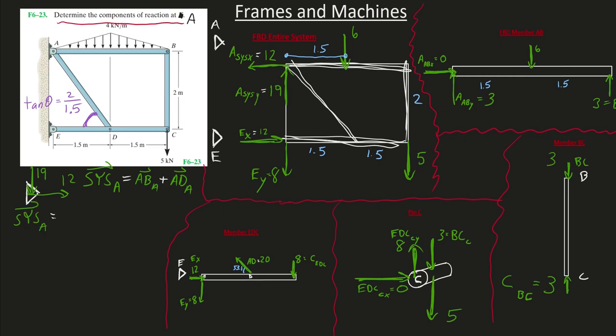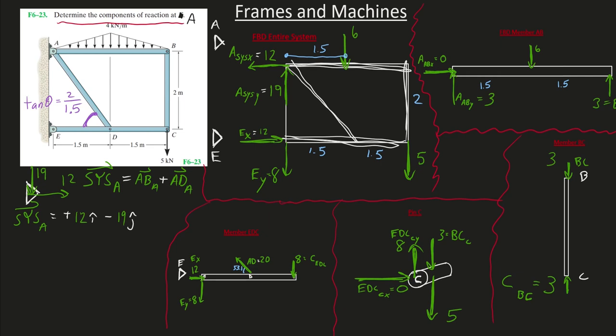We know that the force that the system puts on A are going to be these two guys right here. A positive 12 in the I and a negative 19 in the J.